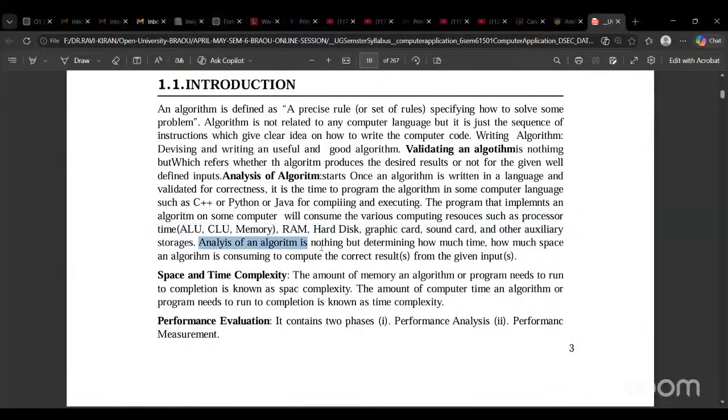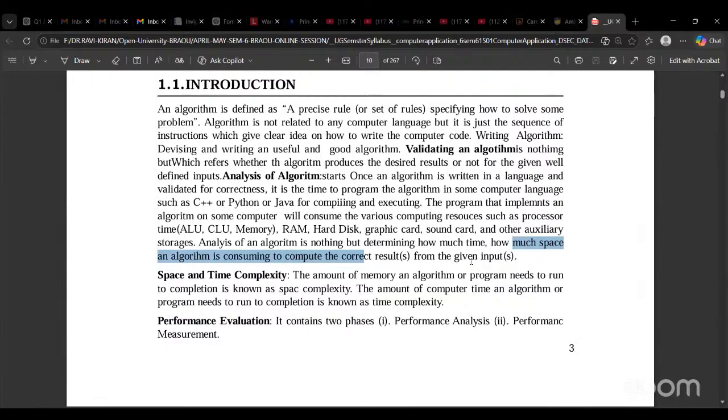Now, analysis of an algorithm is nothing but determining how much time an algorithm requires and how much space it consumes to complete.